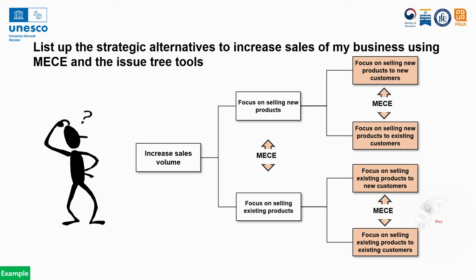But if you see those two options are mutually exclusive, right? Selling new products and selling existing products are mutually exclusive options. There are no overlaps between those two options.